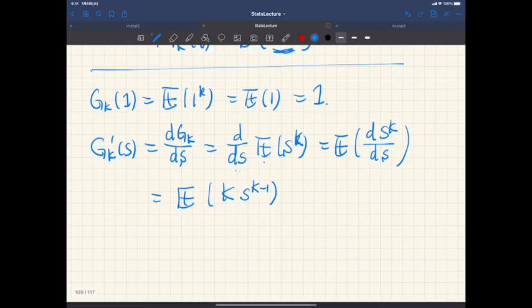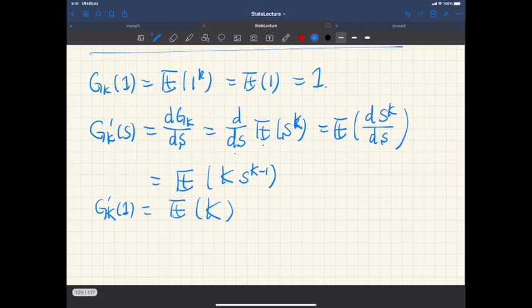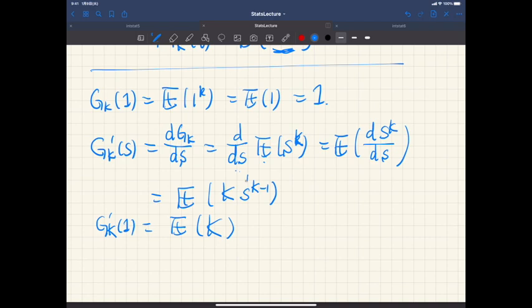Now if we put s equal to 1, then we have the expectation value of k, right? Just s equal to 1, and this part is just 1, so it's the expectation value of k.